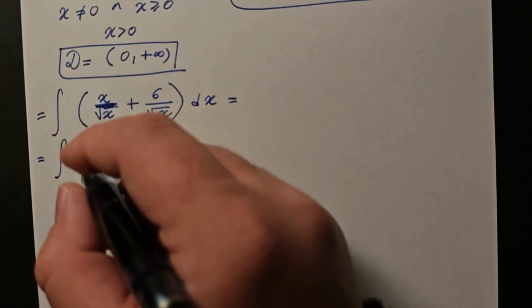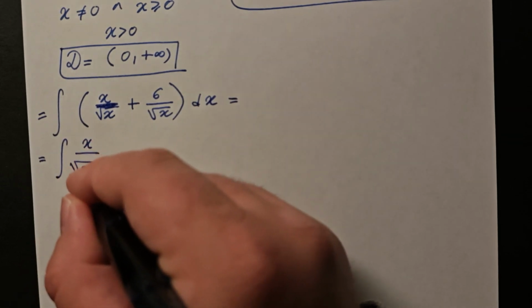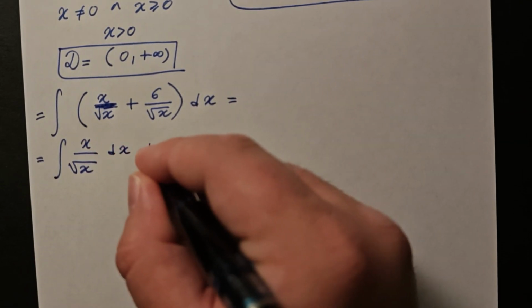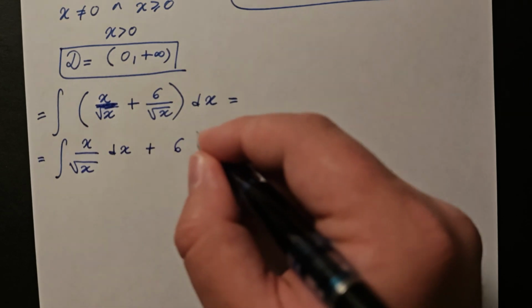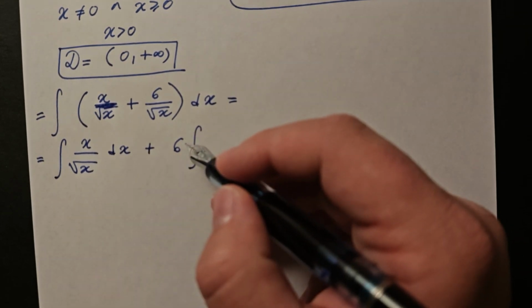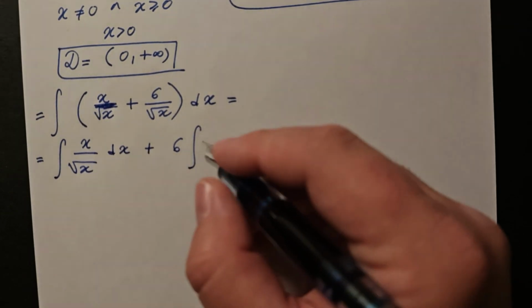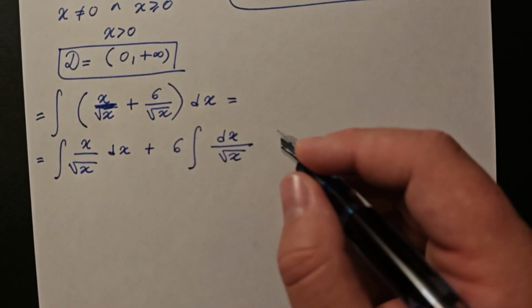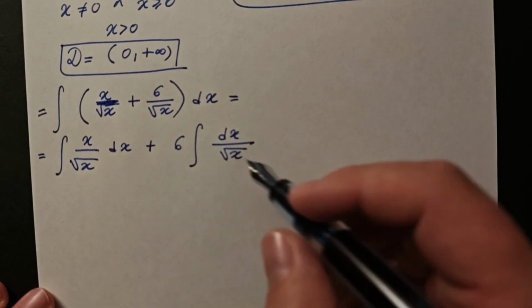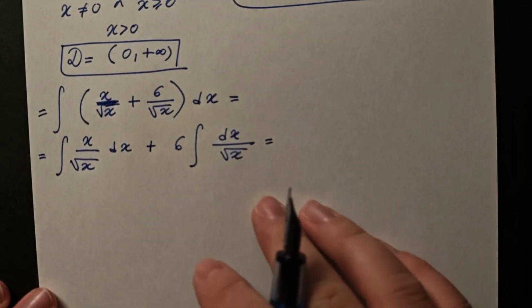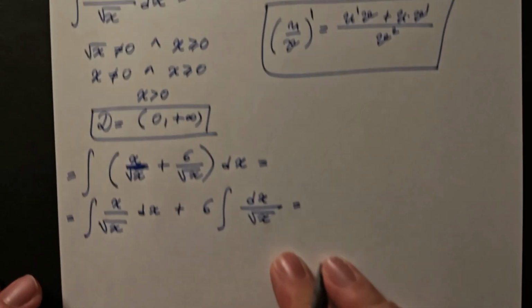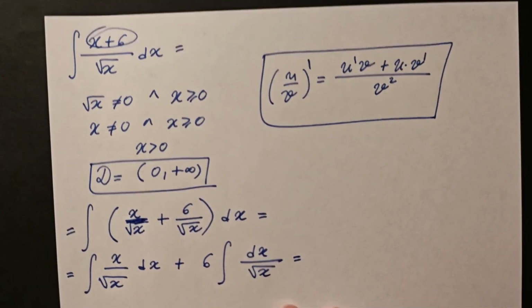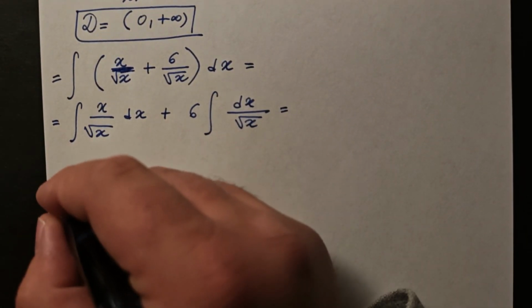So this is an integral of x divided by a square root of x dx, plus 6 is a constant, so it can be put in front of the sign of the integral, dx divided by a square root of x. As you can see, these are two integrals which are much simpler to solve than the integral which we have started from. So let's solve them.